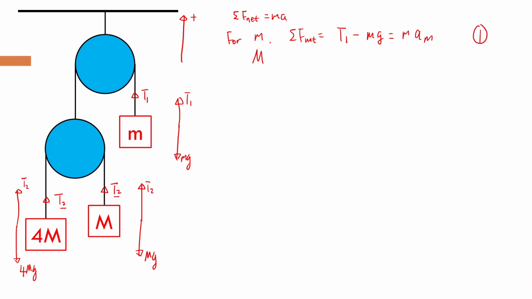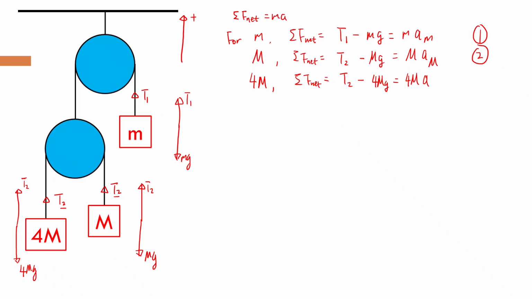And for M, my net force equals T2 minus big Mg equals big M times the acceleration of big M. I call this equation 2. And for the 4M block, my net force is T2 minus 4Mg equals 4M times the acceleration of the 4M block. I call this equation 3.